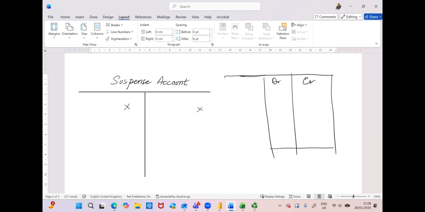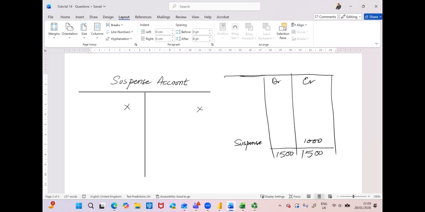If the total balance on the debit side is, for example, £1,500 and the credit side is £500, that means the credit side is smaller, and therefore we will temporarily, that's important to understand, open a suspense account, and we'll write 1,000 over here just to balance the trial balance.